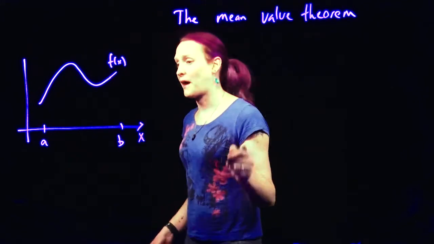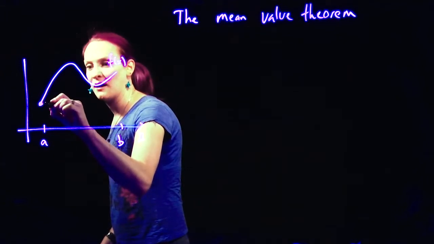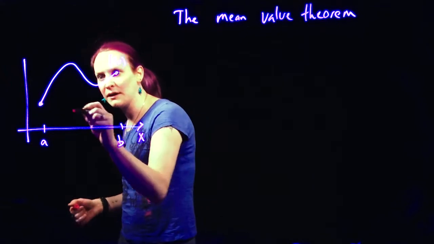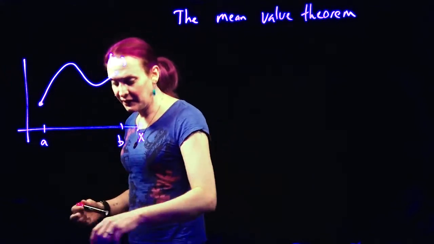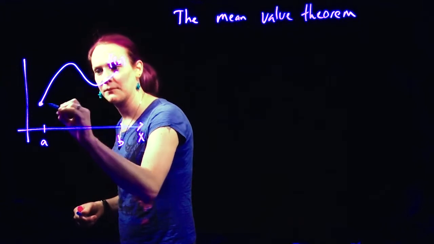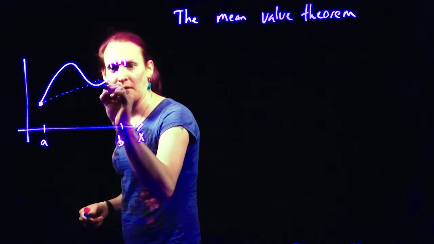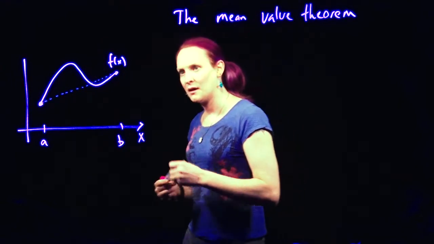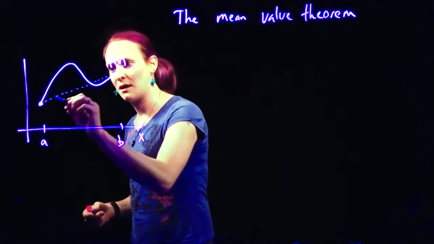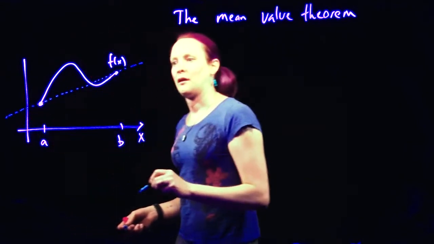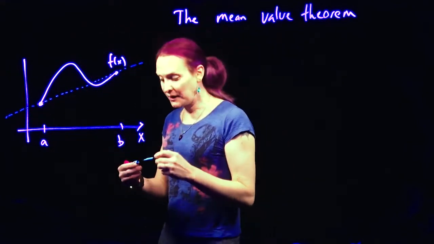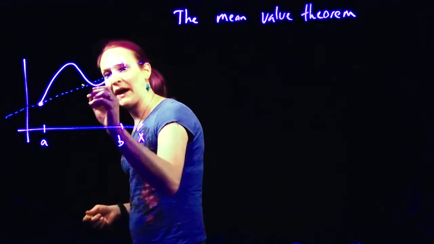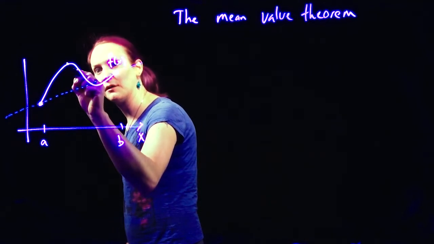Okay, so the mean value theorem says if I take the line that connects these 2 points, if I take that line, somewhere we are guaranteed that there exists a point on this curve that has tangent line parallel to this one.